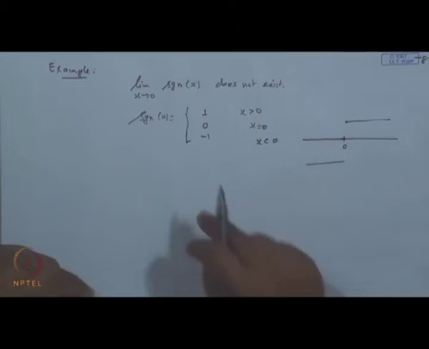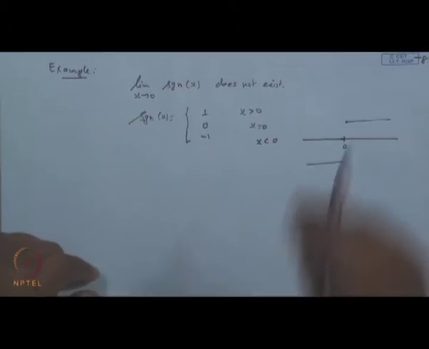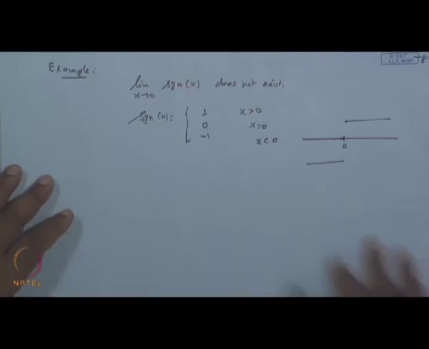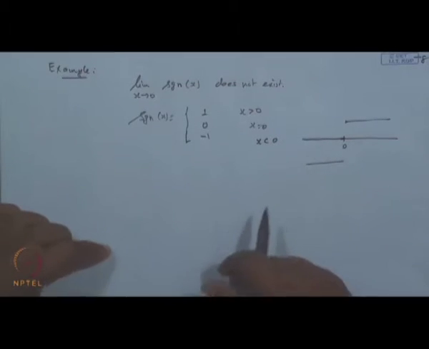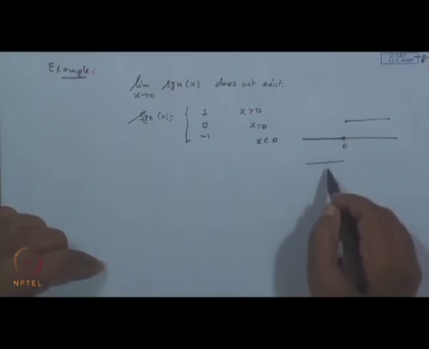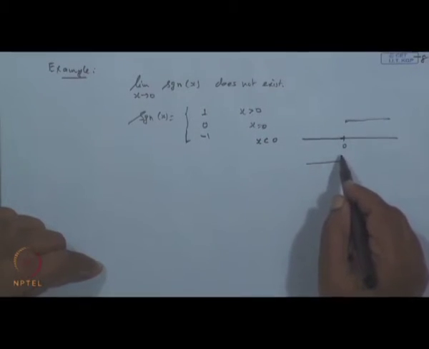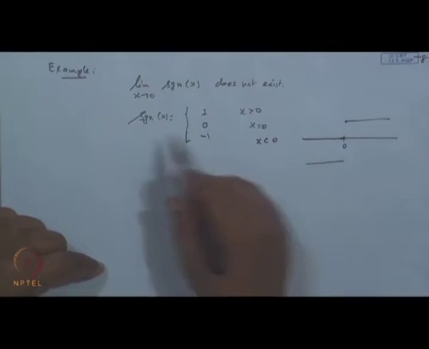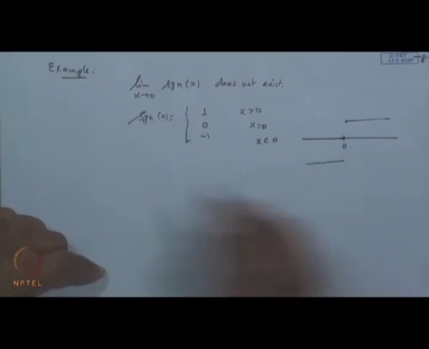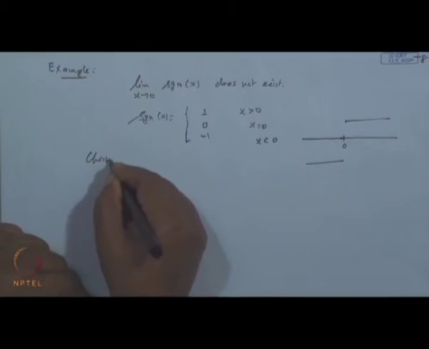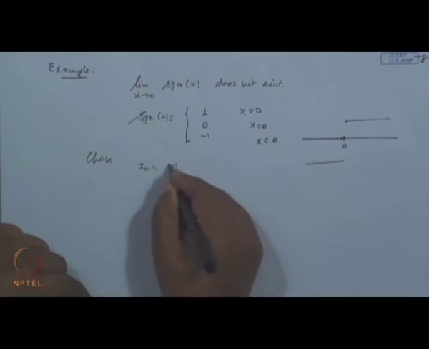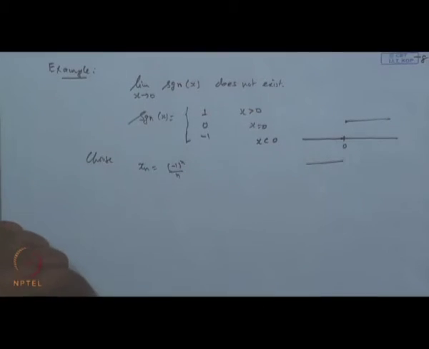Okay. In fact, before this I should prove that whenever the limit of the function f of x exists, the limit will be unique, that I will show just after this. So, here the limit does not exist. Let us see why. If I take a sequence x n which goes to 0, but the corresponding signum of x n does not go to 0. So, let us choose the sequence x n as -1 to the power n.